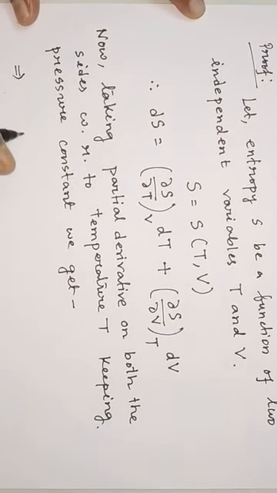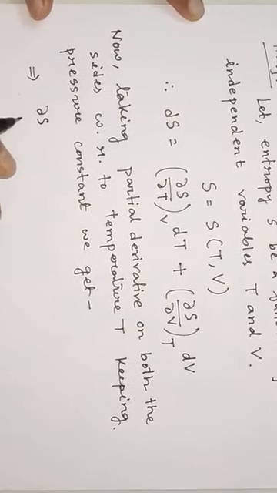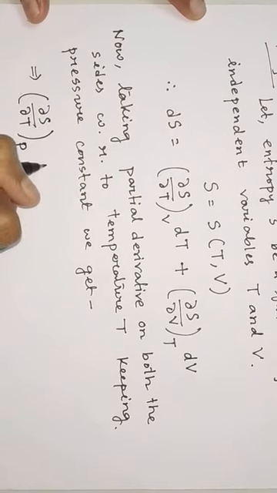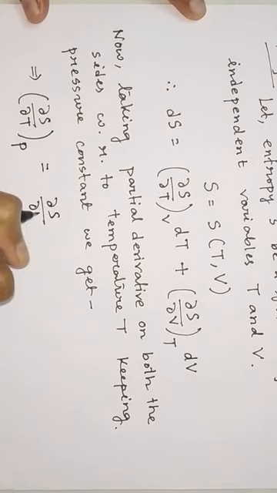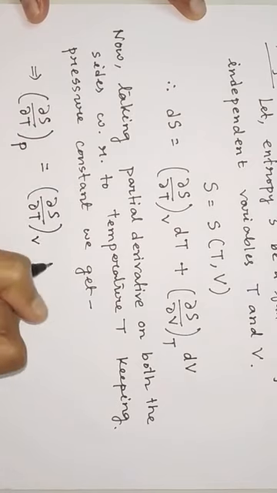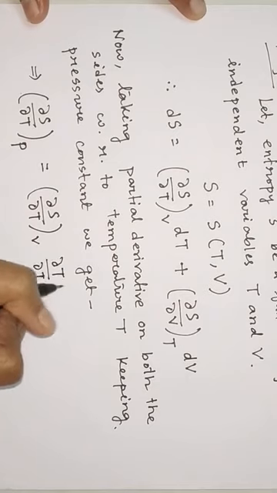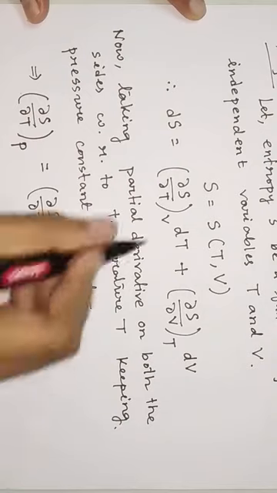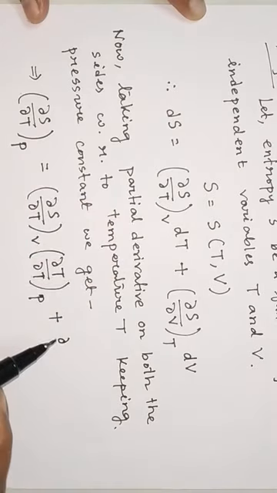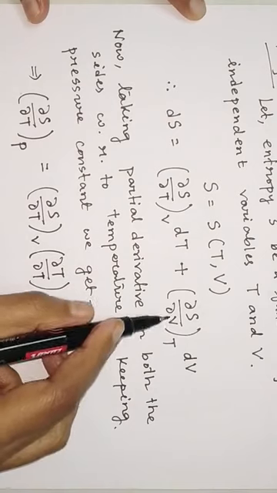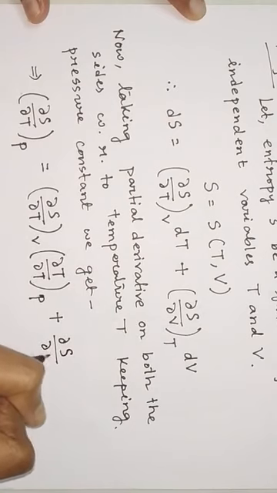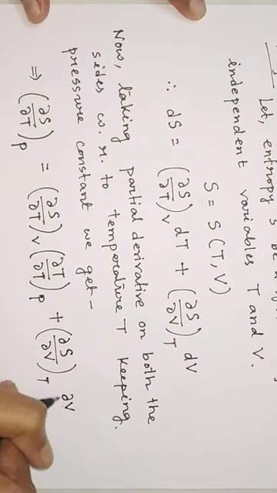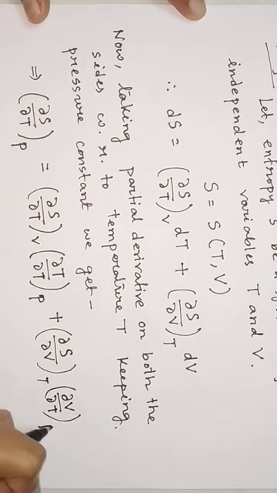On the left hand side we are taking the partial derivative, so del/del T of S with pressure constant equals (del S/del T at constant V) times (del T/del T at constant P) plus (del S/del V at constant T) times the partial derivative of V, (del V/del T at constant P). Now you see this term del T by del T is 1. Therefore we have (del S/del T at constant P) equal to (del S/del T at constant V) plus (del S/del V at constant T) into (del V/del T at constant P).